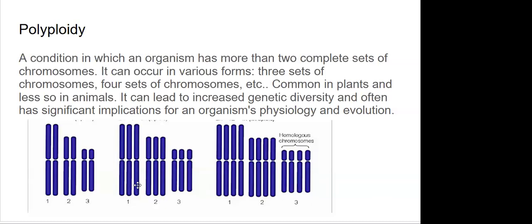But polyploidy, instead of like us, where we are diploid and our sex cells are haploid, many plants and other organisms are polyploid, where they have multiple copies of the homologous pairs. So it's not just a homologous pair, but in some it's a homologous quartet.